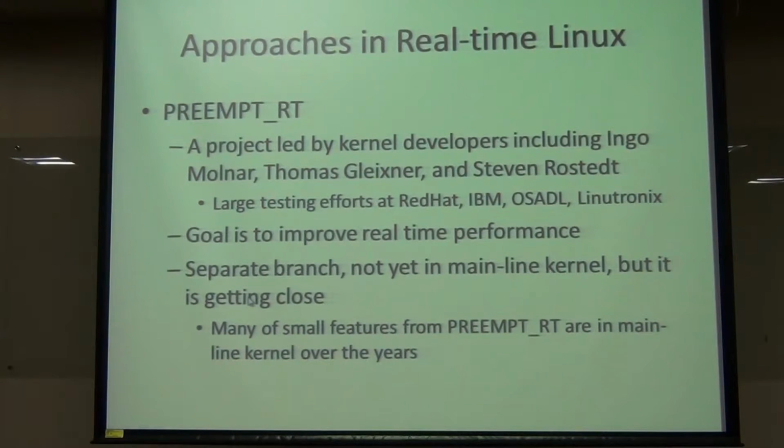Right now it's a separate branch, not the mainline, known as -RT. It's still residing outside of the kernel, but they've been gradually merging into the mainline kernel, and the anticipation is that sooner or later most of it will be merged, so that the mainline kernel can be as close to a real-time OS if you configure it correctly.